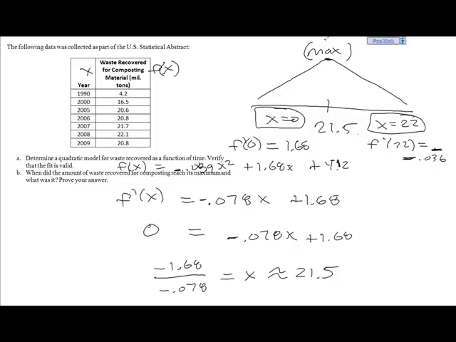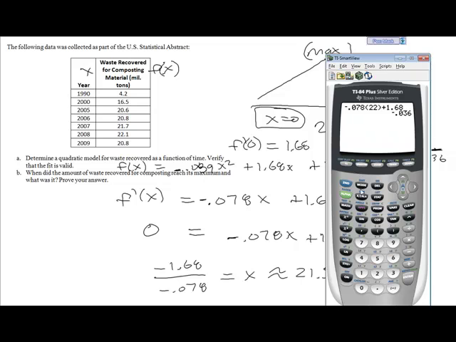And the question really just asks us, when did the amount of waste recovered for composting reach its maximum? And then it asks, what was it? So we know when it happened. We want to know, what is this max? How big is it? To answer that, all we need to do is go back to our original function that outputs the amount of waste as a function of the year, and we'll just do f of 21.5. I'm just going to use the equation in my calculator to check this.